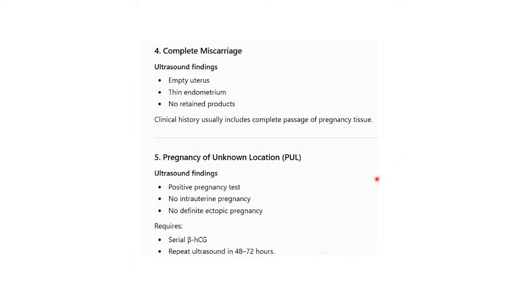So now, pregnancy of unknown location, PUL. Ultrasound findings: positive pregnancy test, no intrauterine pregnancy is noted, no definitive ectopic pregnancy is noted. So it requires serial beta HCG and repeat ultrasound in 48 or 72 hours.